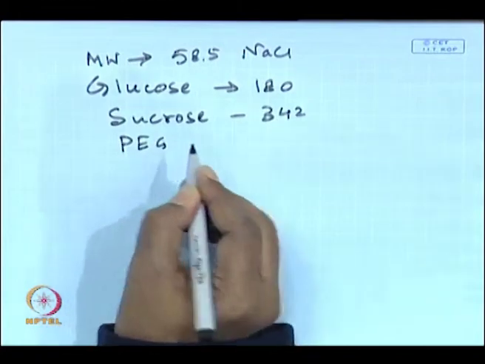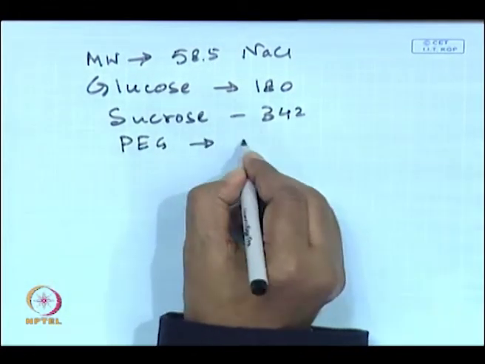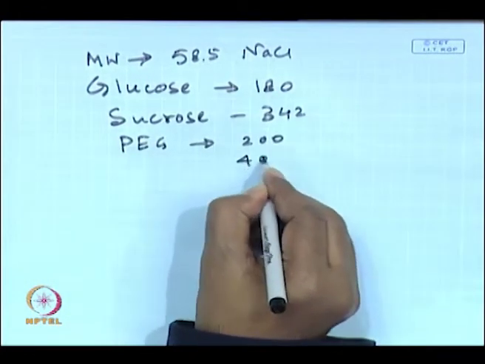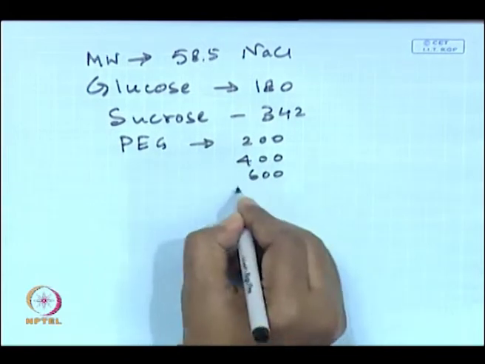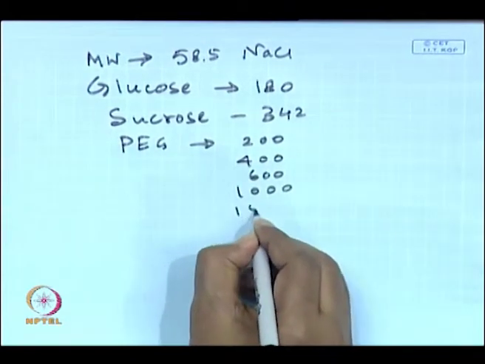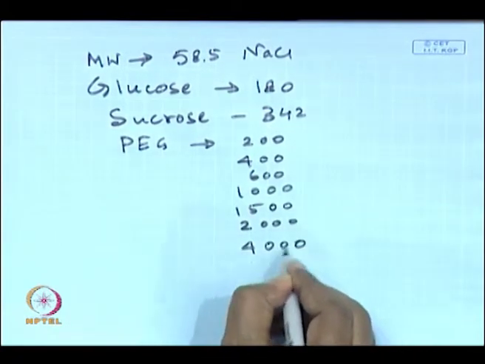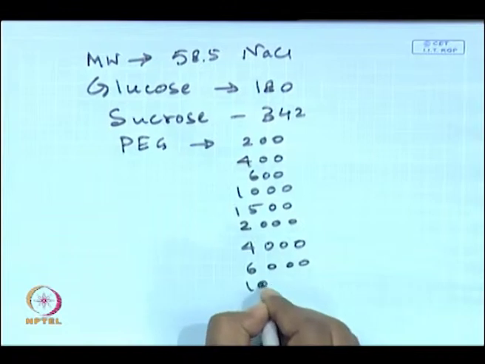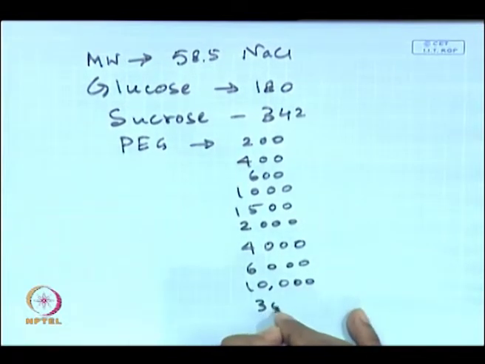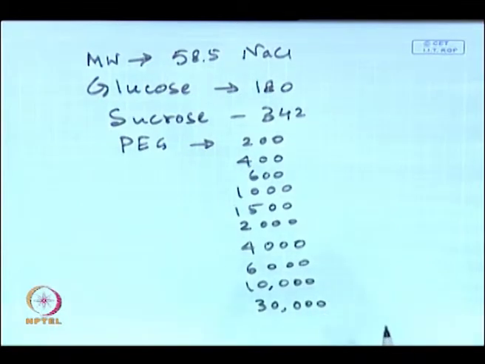PEG of various molecular weights is available: 200, 400, 600, 1000, 1500, 2000, like that. PEG 4000, 6,000, 10,000, 30,000, various molecular weights of polyethylene glycol fractions are available. Similarly, you can have dextran fractions.